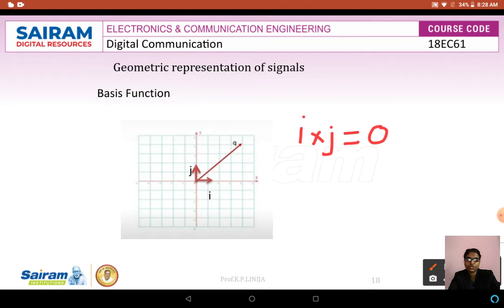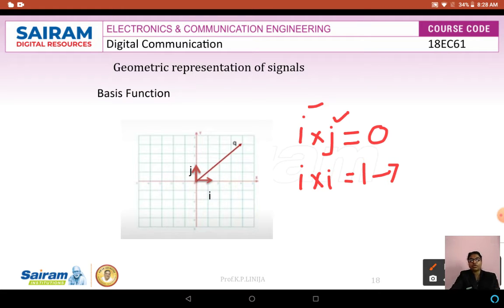That shows that the i vector and the j vector are independent of each other. In the same way, the product of i with i is equal to 1. It shows that both vectors are orthonormal.